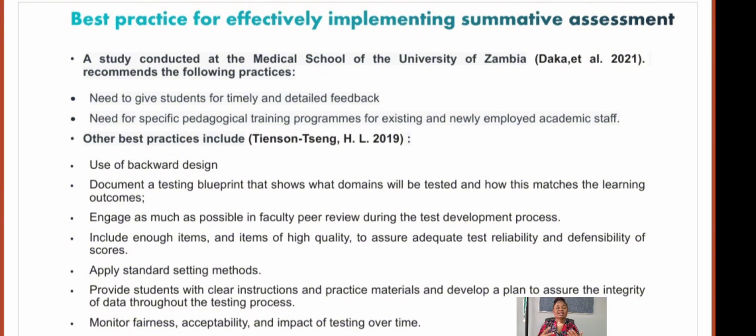Then, monitor the fairness, acceptability, and impact of testing over time with routine surveying of stakeholders and comparison of test scores with other measures of students' outcomes. Now, this is sometimes also what we refer to as moderation, or an example of this kind of monitoring would also include moderating.